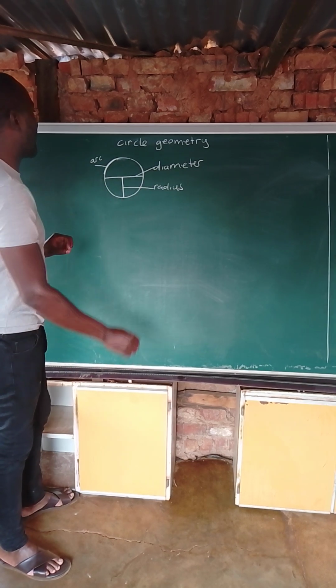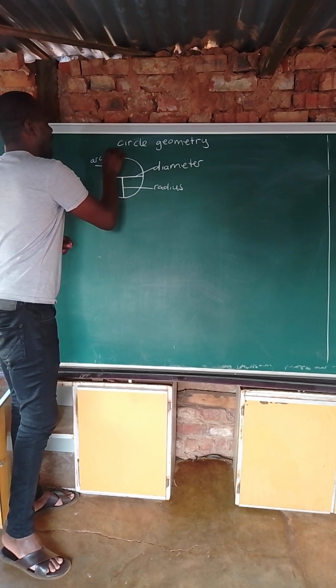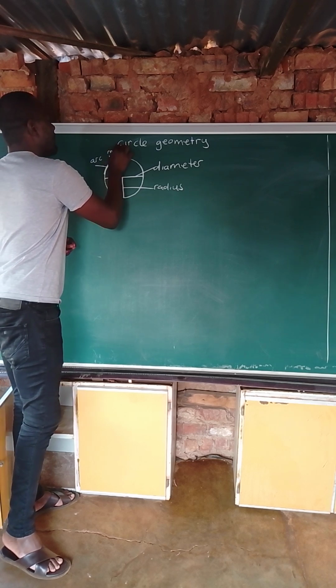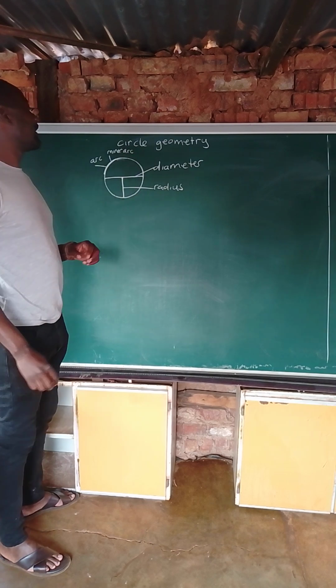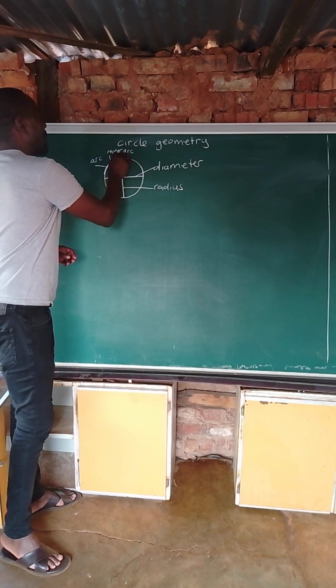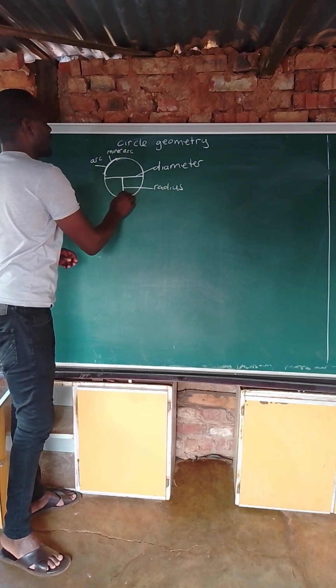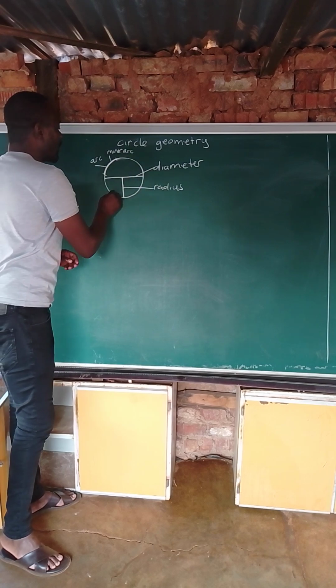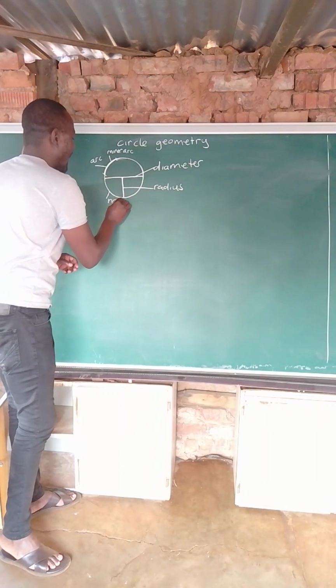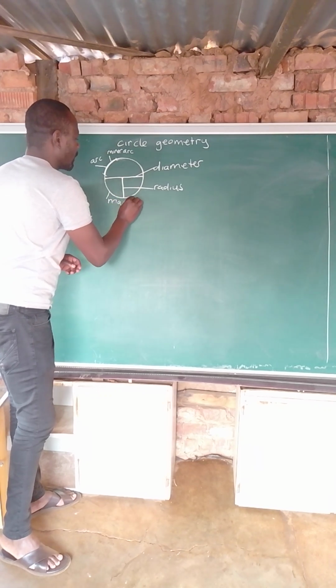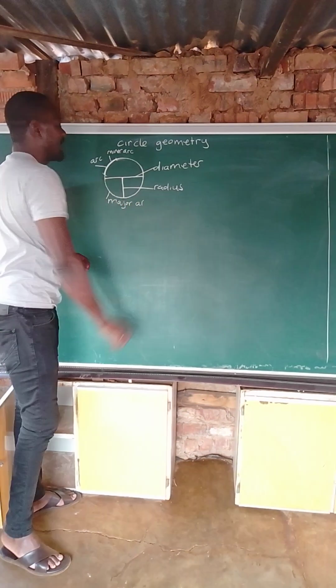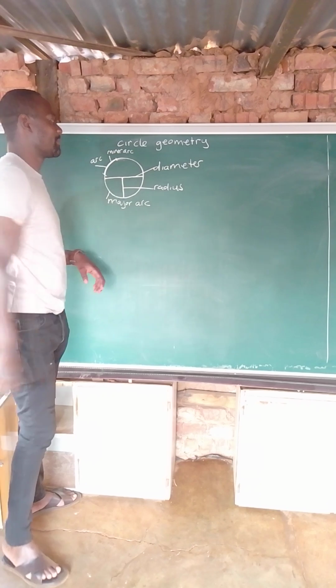So we have two arcs here. A small arc is called a minor arc. This big part, from here going there until here, we call the major arc.